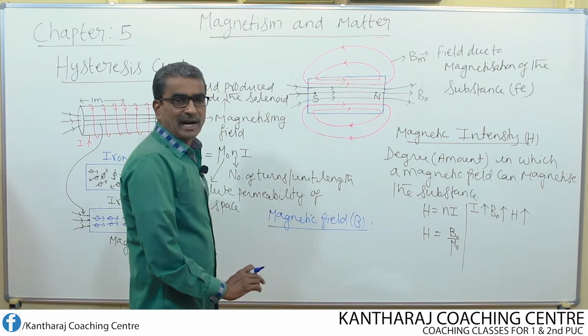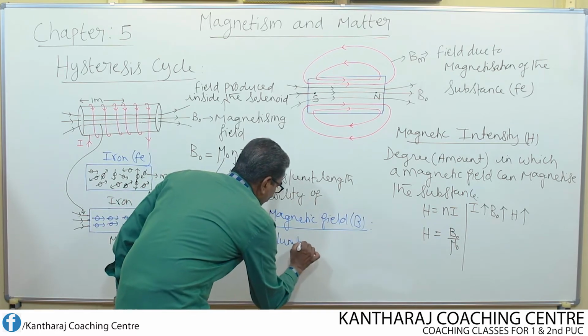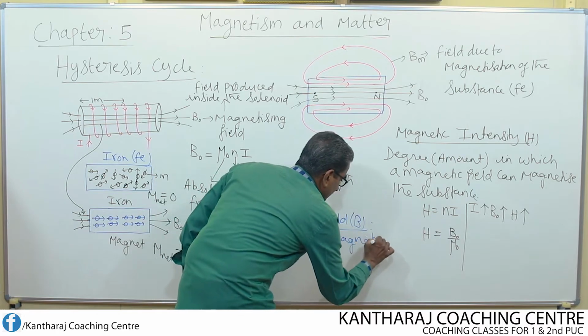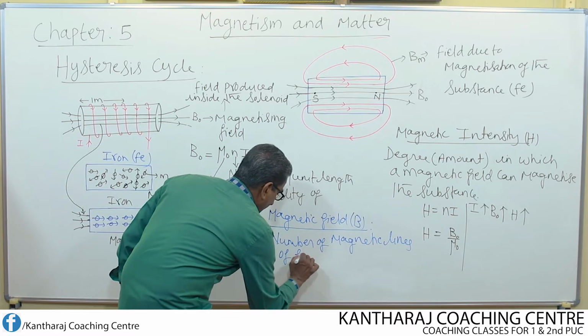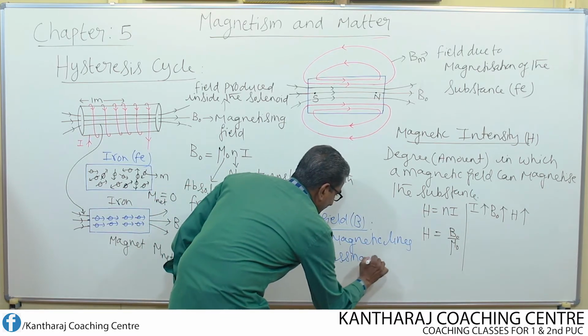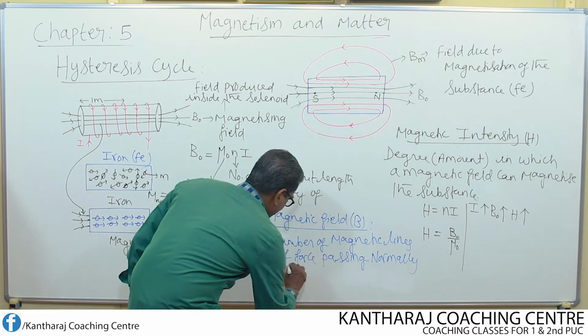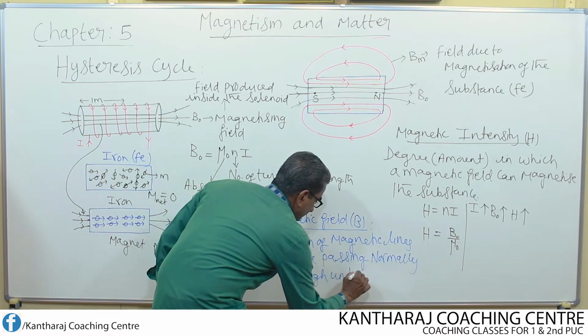It is defined as the number of magnetic lines of force passing normally through unit area.